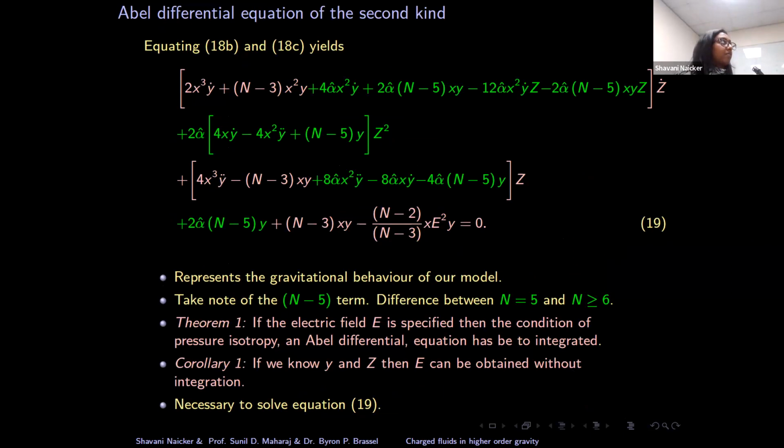It is further classified as an Abel differential equation of the second kind in Z if Y and E are specified. So what makes this an Abel differential equation? It is due to the presence of the Z Z dot term here, the Z squared term, the Z term, and this inhomogeneous term. So that's how we can identify this is an Abel differential equation.